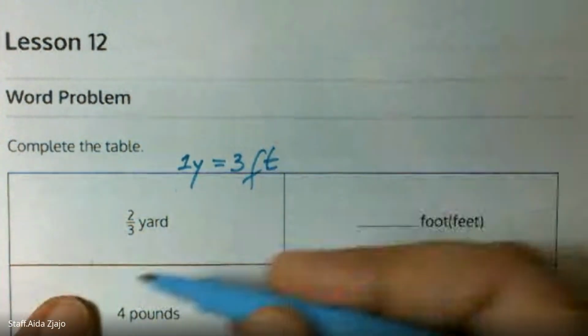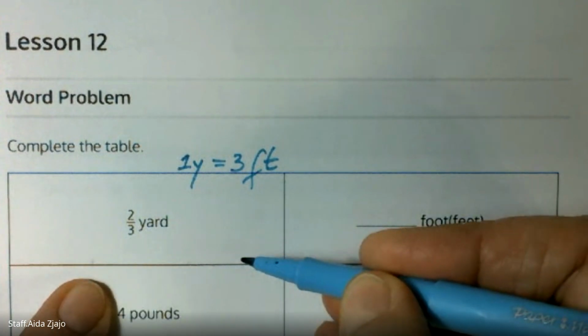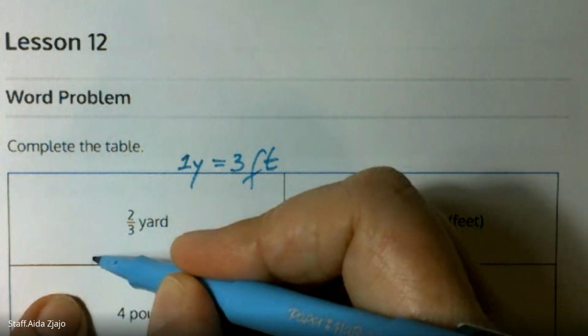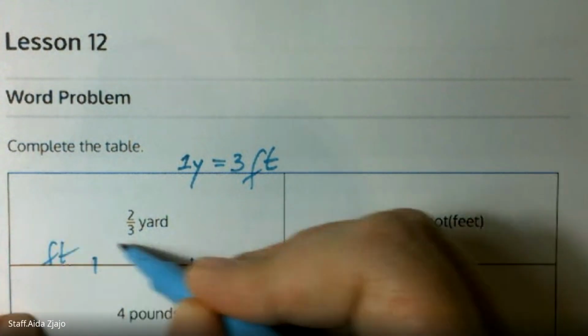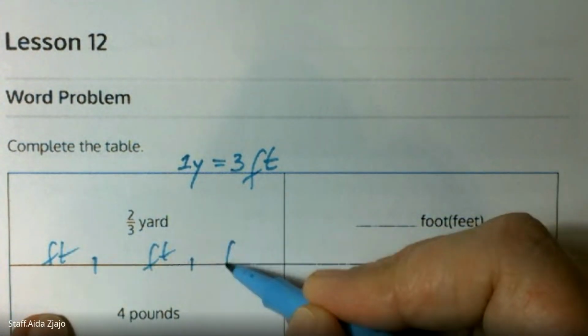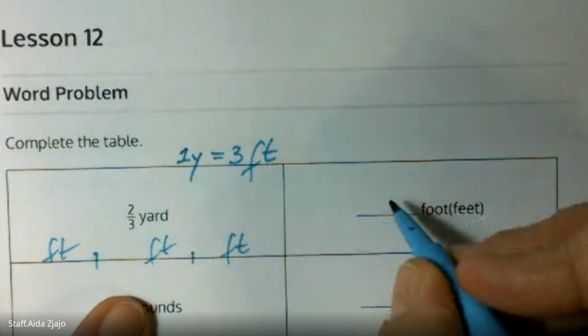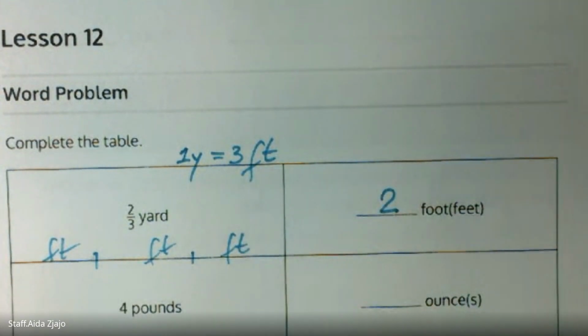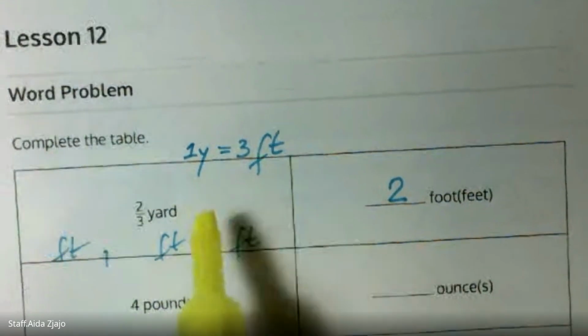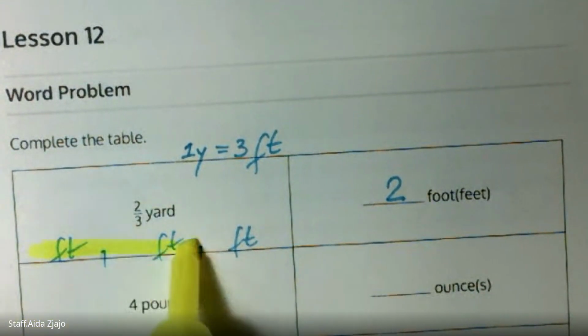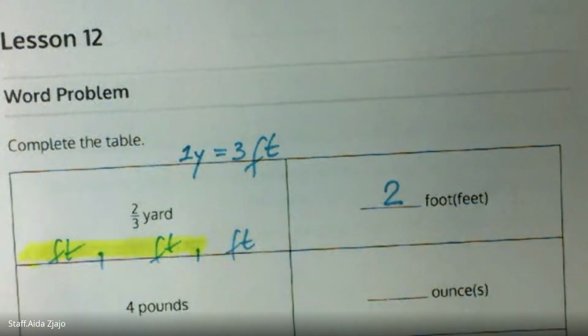So imagine that this line is the yard, and you think about this to be 3 feet. Okay, so 2 out of 3 should be 2 feet. So these two parts of the yard you have. So that would be 2/3 of the whole yard.